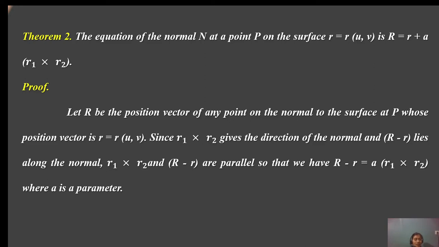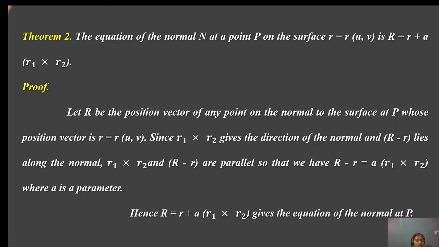That means R1 cross R2 and capital R minus small r are parallel. So capital R minus small r equals a times R1 cross R2, where a is a parameter.